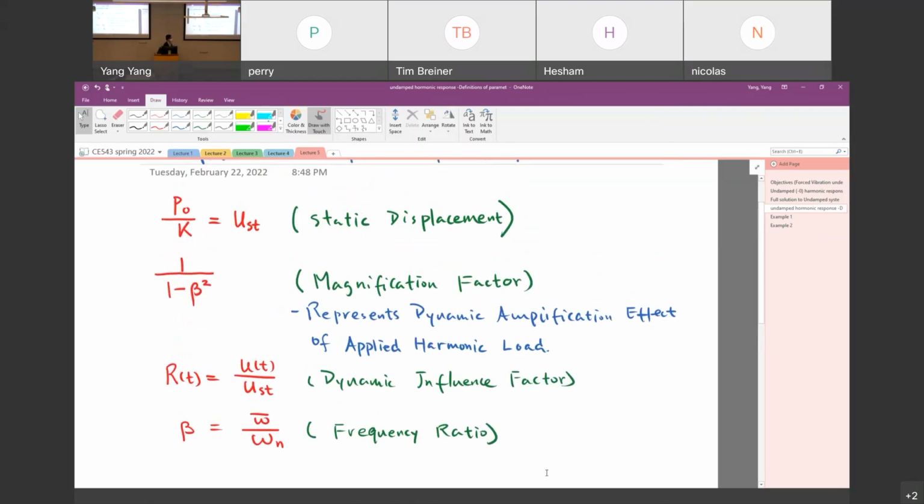Talk about the dynamic responses. Evaluate those four parameters.